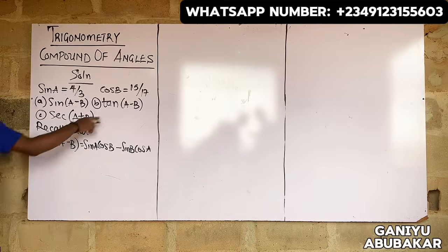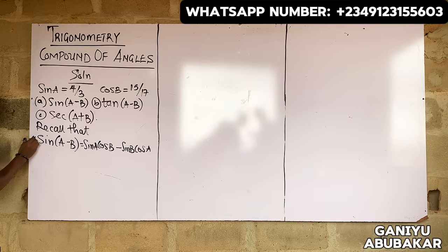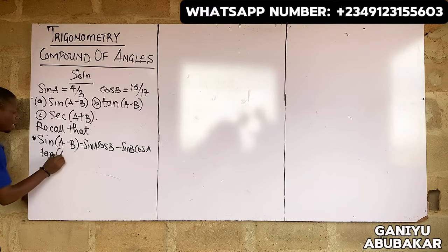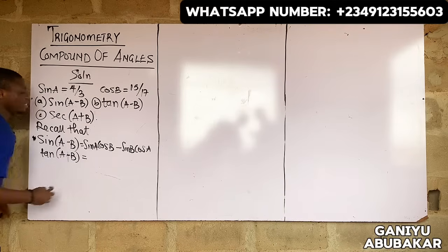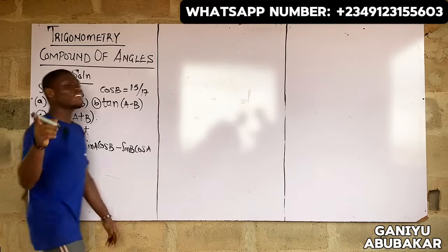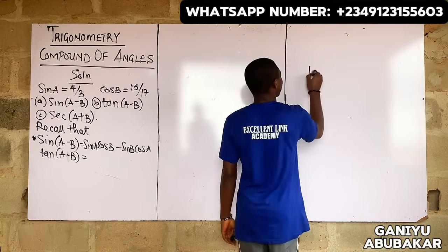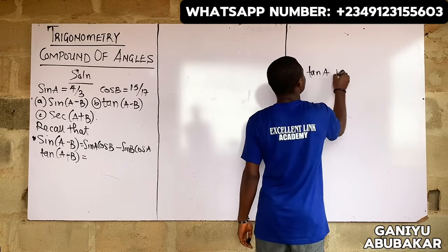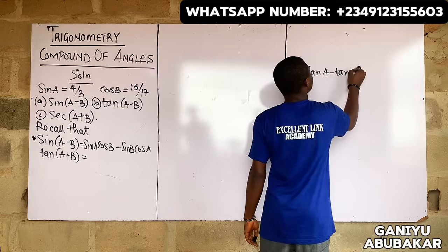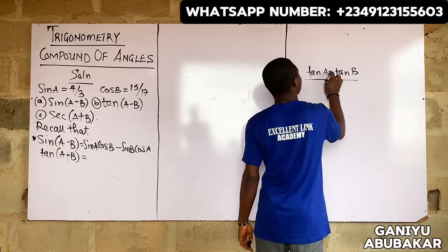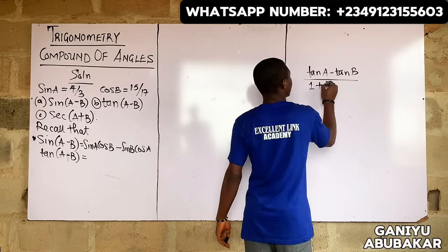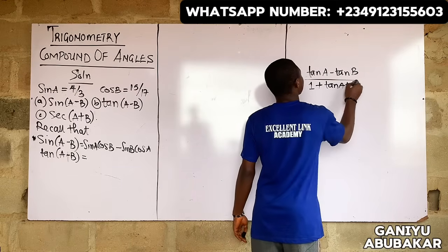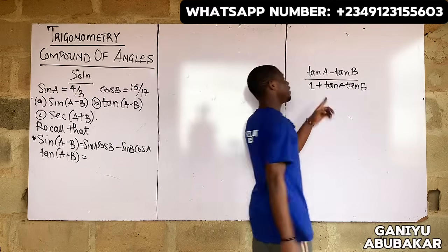Next up, for tan A minus B, the idea is that tan A minus B should be tan A minus tan B, all over 1 plus tan A tan B. I gave you this in the last class.